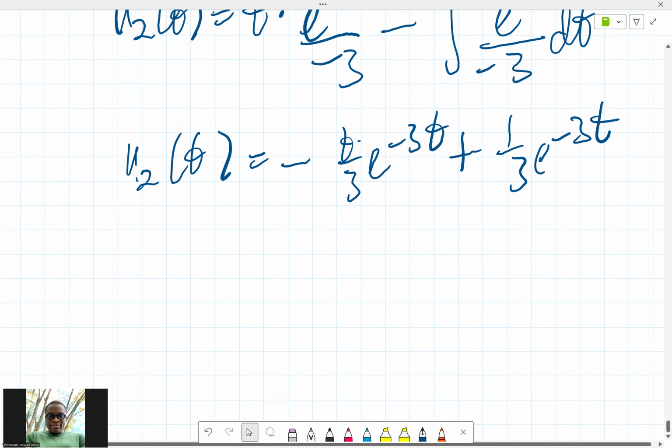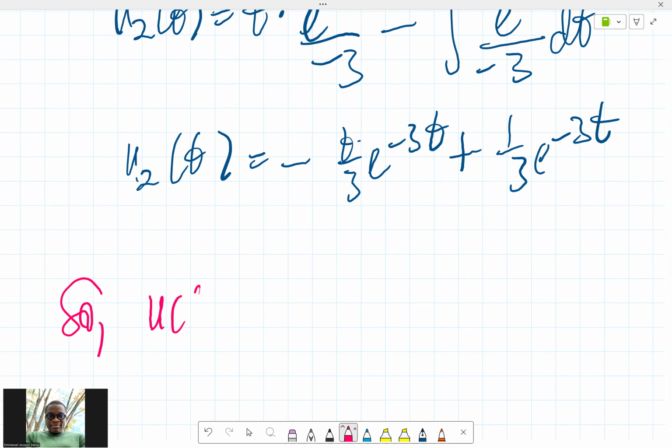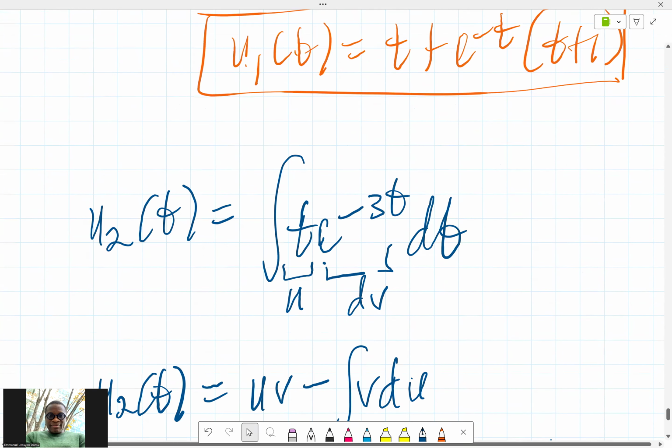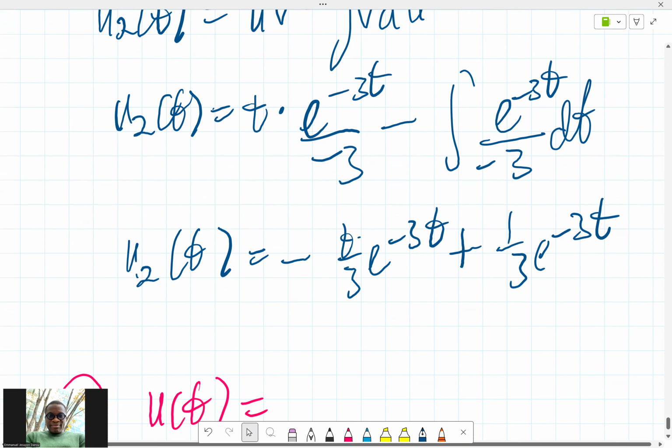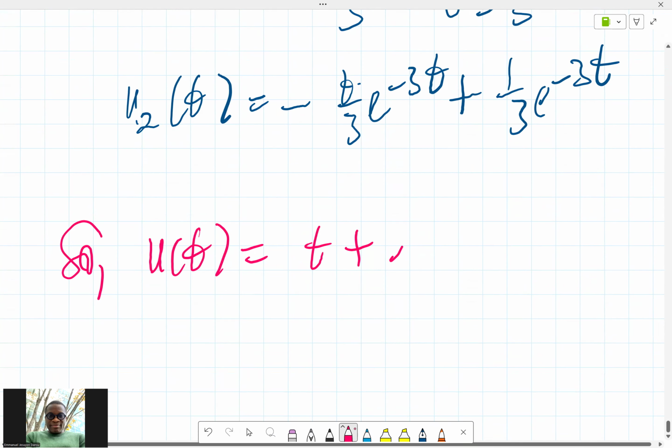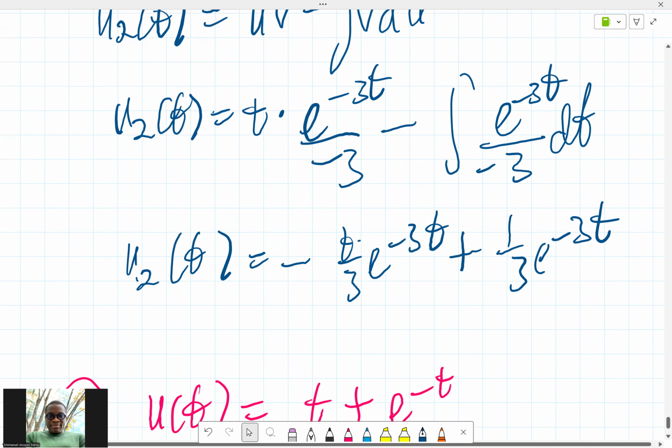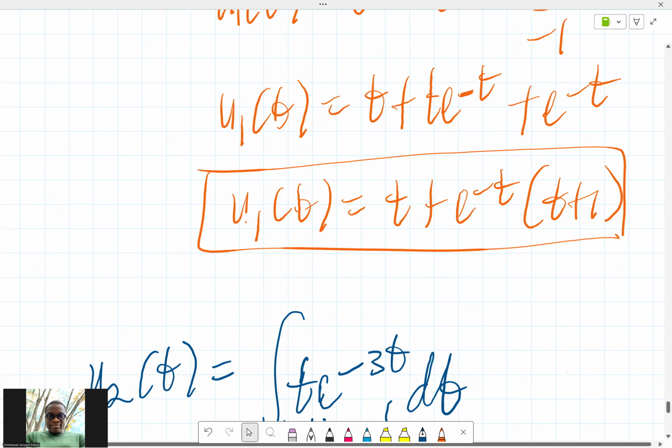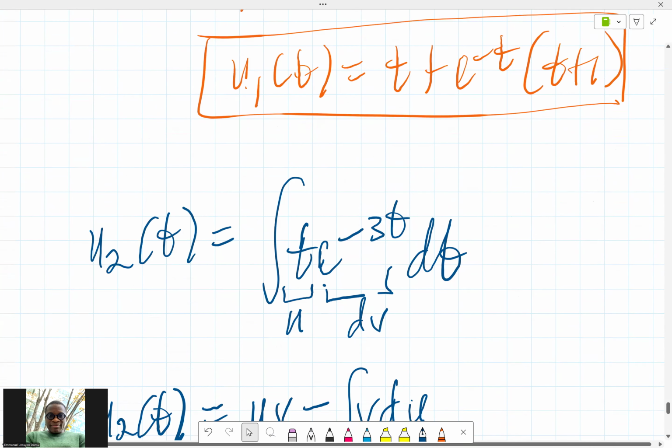So now we have u itself. u of t is simply the same thing as what we got up there: t plus e raised to minus t into t plus 1.